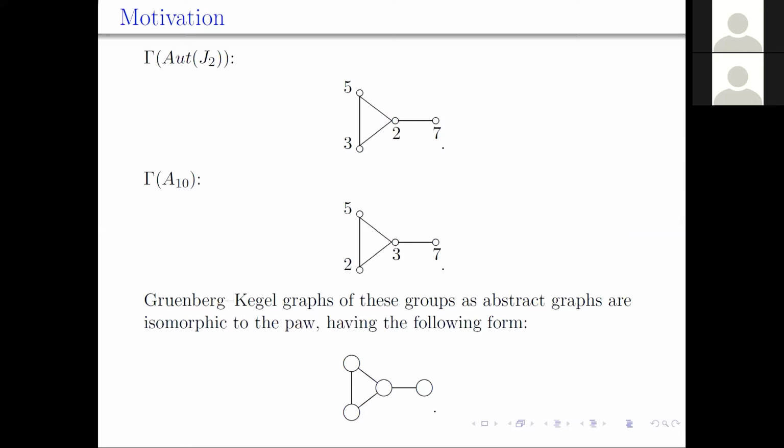The group A10 is interesting for us because it is a group with a small number of prime divisors, and only this group has a connected Gruenberg-Kegel graph among all four-primary simple groups of the Atlas of Finite Groups.